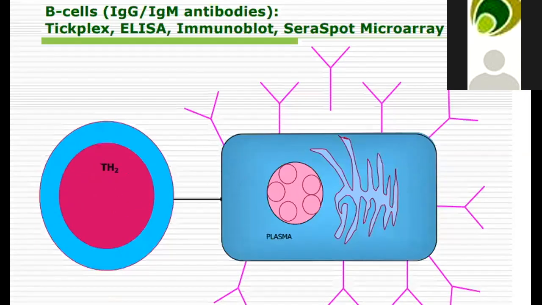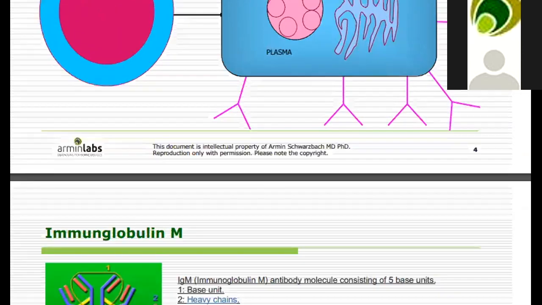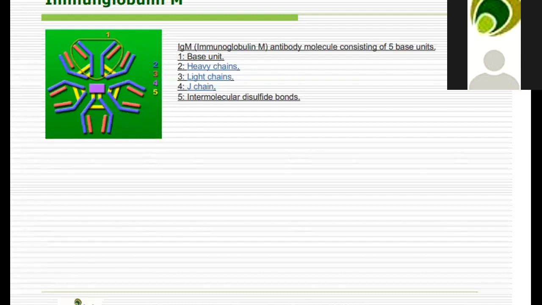I want to come now to the B cellular immune system, the production of IgG, IgM antibodies. You all know IgM antibodies are a very huge molecule. They have 5 binding arms with heavy chains and light chains. And it's possible in a very early or fresh infection that you can bind 5 pathogens in the 5 different arms of this really big protein molecule.